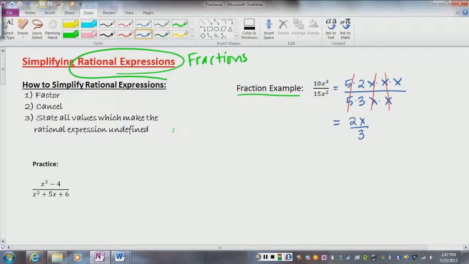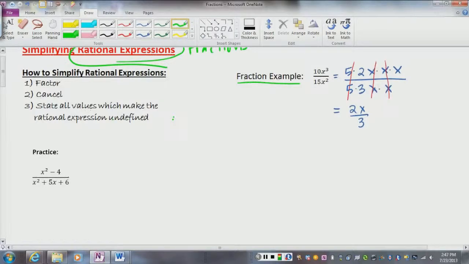Now this last thing that I asked you to do, where you're stating the values that make the rational expression undefined, is going to happen when we are dividing by 0. Remember, when we divide by 0, our rational expression, or any fraction, is undefined.